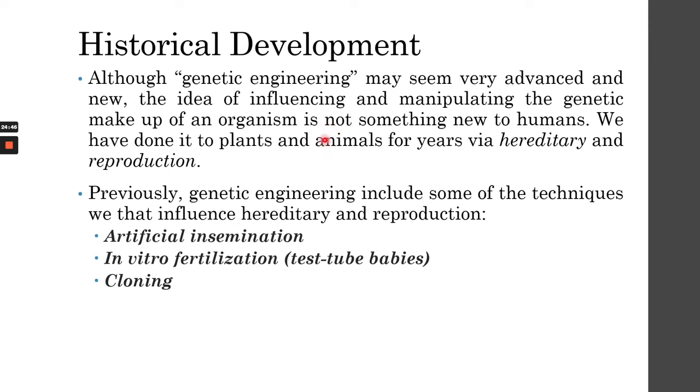And we've been doing that with a lot of our animals and our plants. One of the things that we do is artificial insemination, wherein if we have, for example, an animal that is much bigger, we take the semen of that male animal and use it to inseminate a female animal. We usually do this in a lot of our food production, like in pigs.